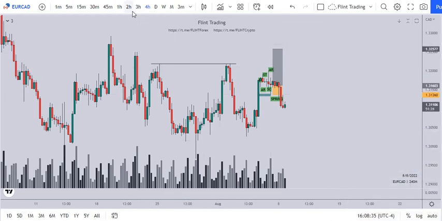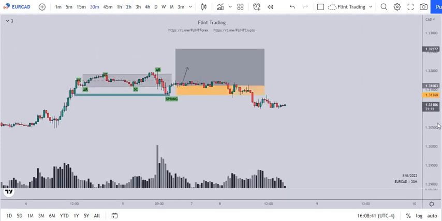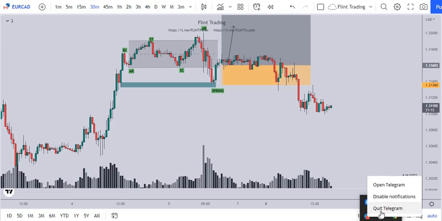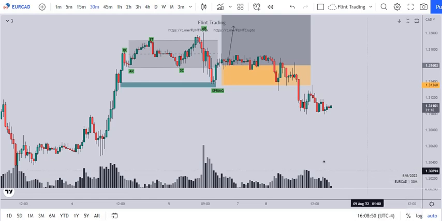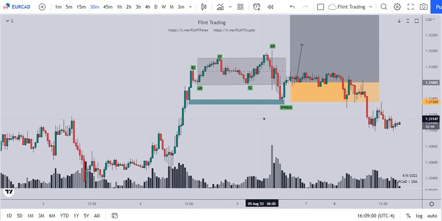Okay, so let me just go down to my entry, which was based on 30 minutes. As you know, I had a 4 hour accumulation, and I really like the fractal behavior of price.